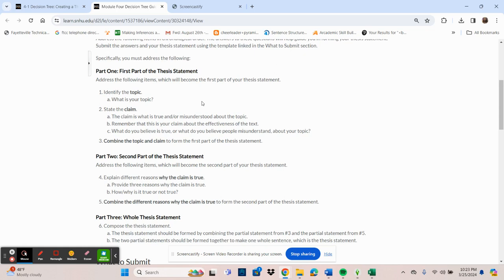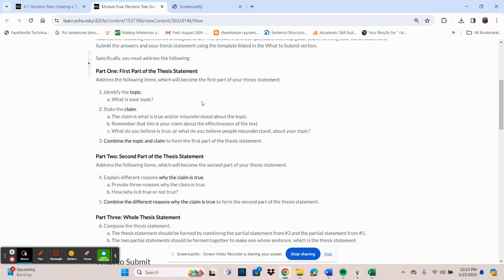You want to provide 3 reasons why your claim is true, and you want to discuss how or why it is true or not true, and combine the different reasons why the claim is true to form the second part of the thesis statement. So basically what this is doing is you've got a topic, you've got a claim, and you've got your reasons why your claim is true.